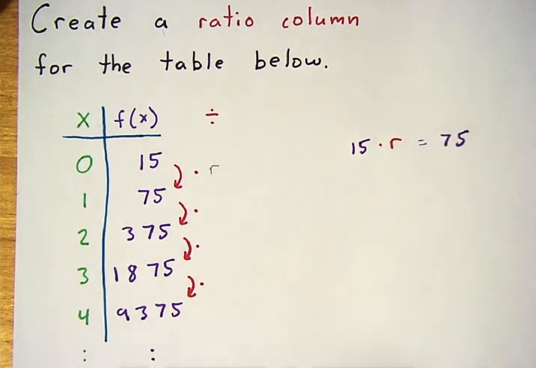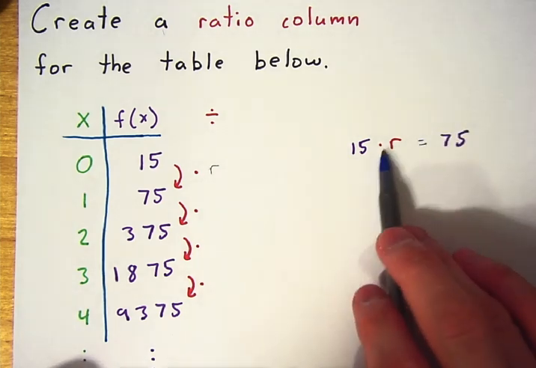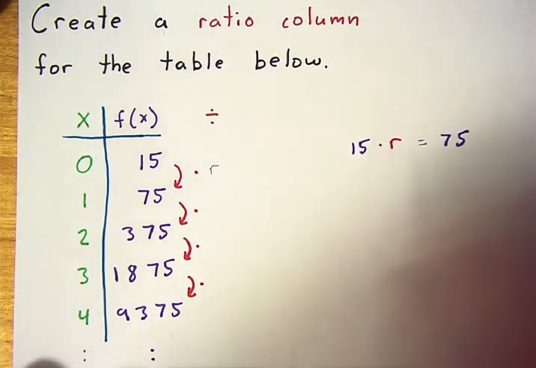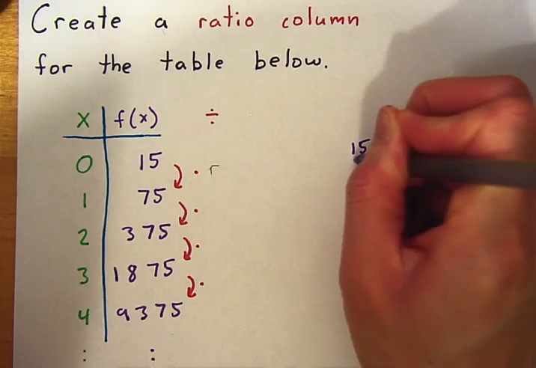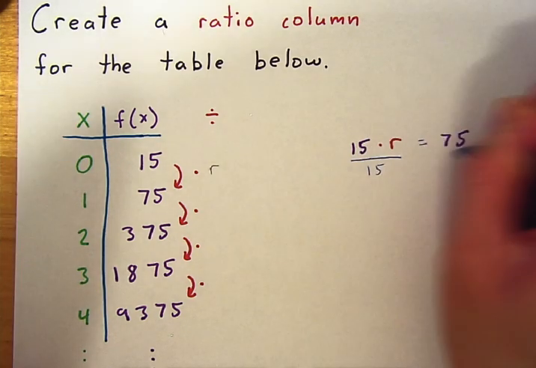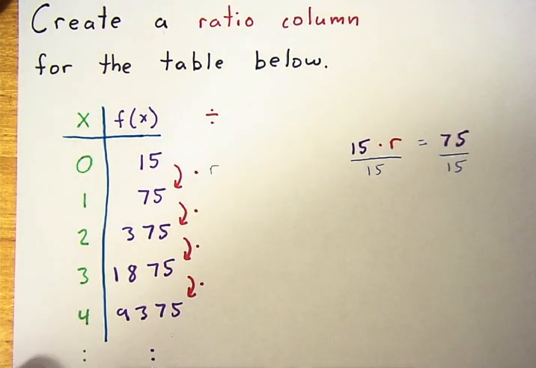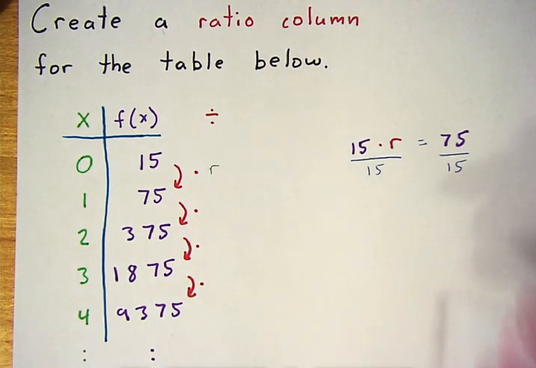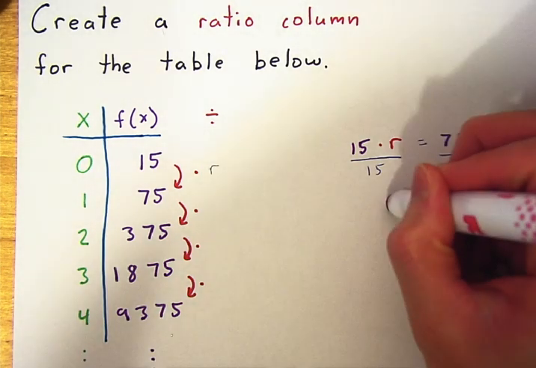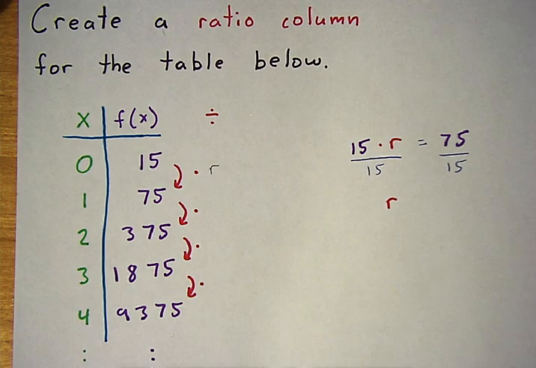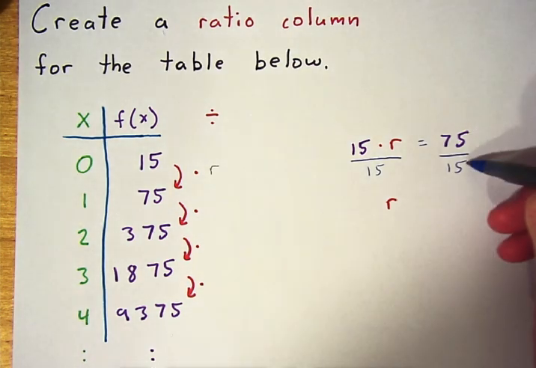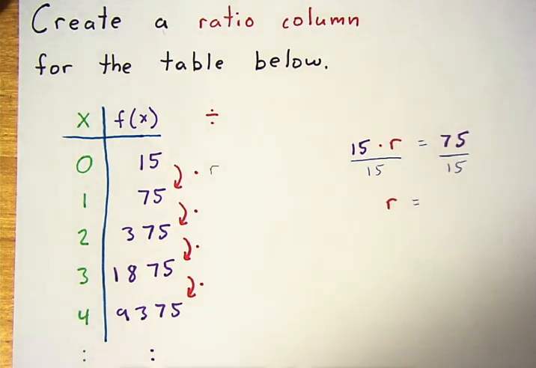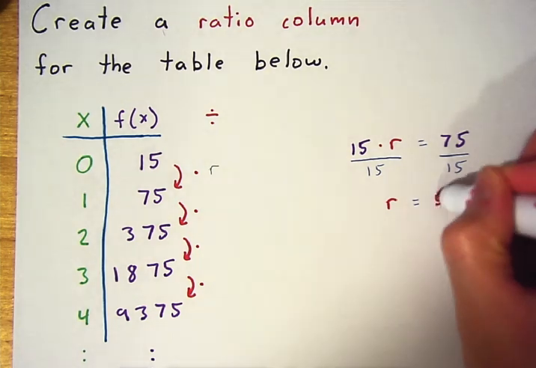Well, all I have to do here is solve for r. To get r by itself, I'm going to divide both sides by 15. 15 times r divided by 15 just becomes 1r, or just an r. 75 divided by 15 gets me 5. So my r is 5.